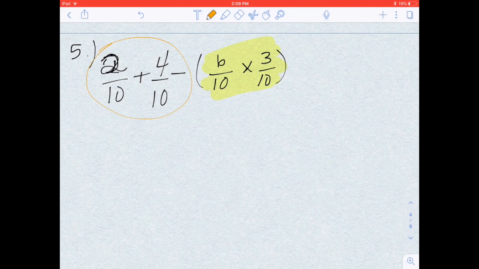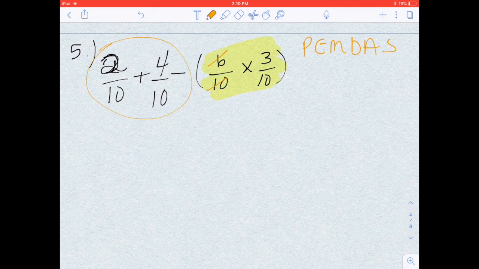Then let's think about order of operations. Remember, order of operations is PEMDAS. So I see some stuff in parentheses, so I'm going to start there first. Let's see if I can cancel anything. And I can already simplify this.